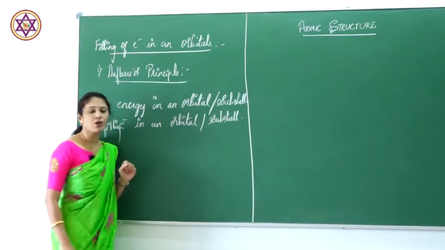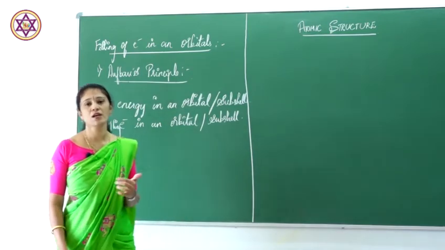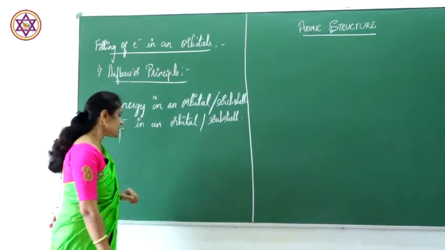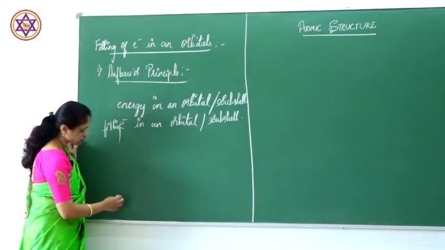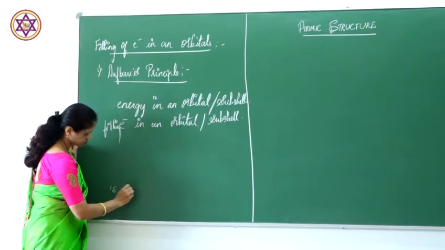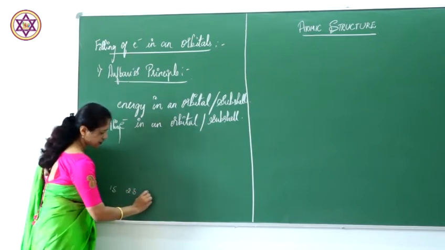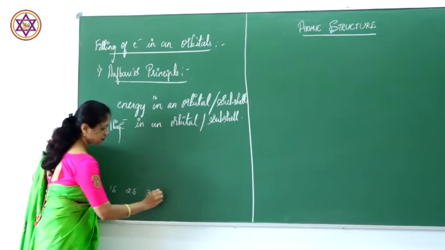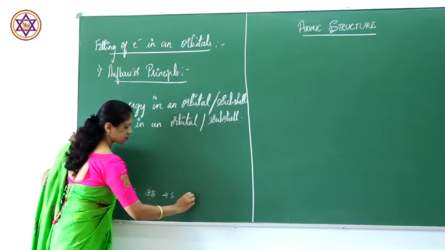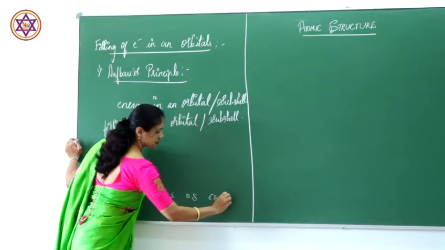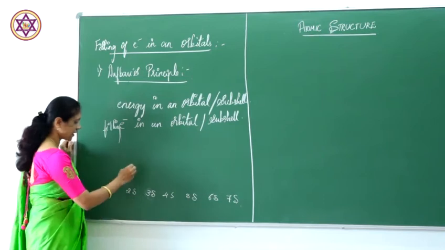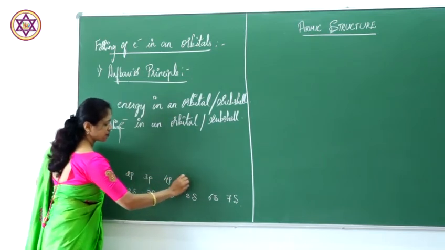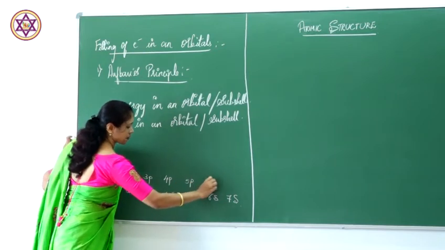Here I will explain how to fill the electrons according to the increasing order of their energy level. See here, for the construction of the Aufbau principle: 1s, 2s, 3s, 4s, 5s, 6s, 7s, then 2p, 3p, 4p, 5p, 6p.